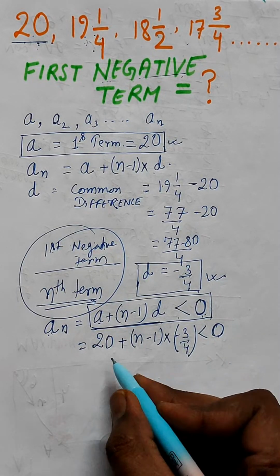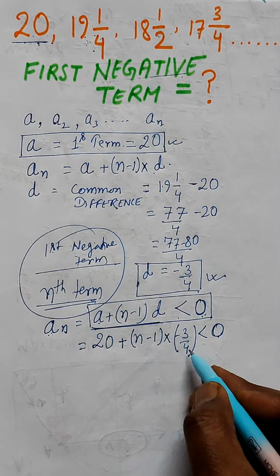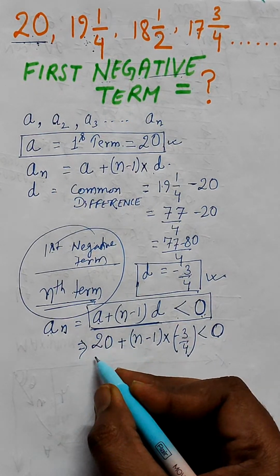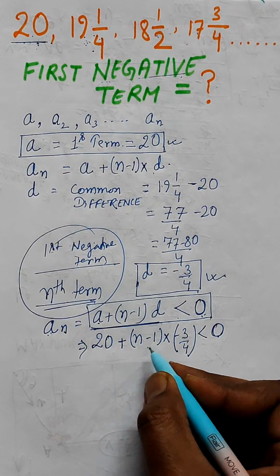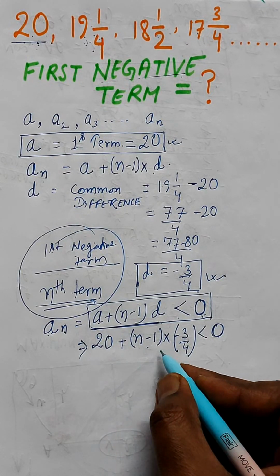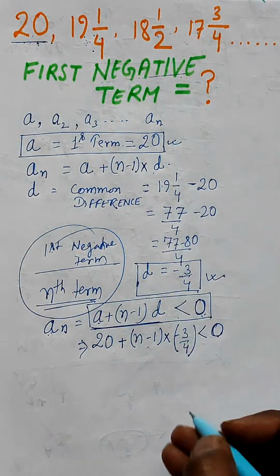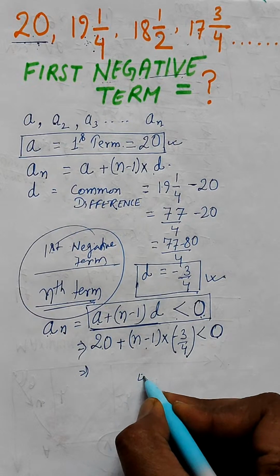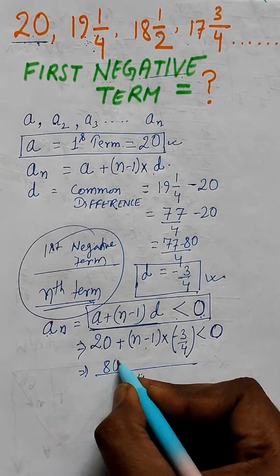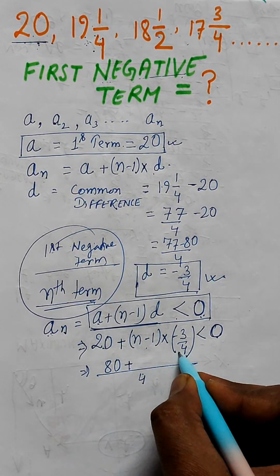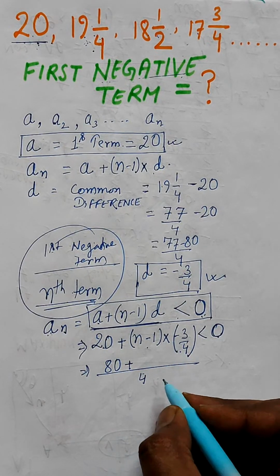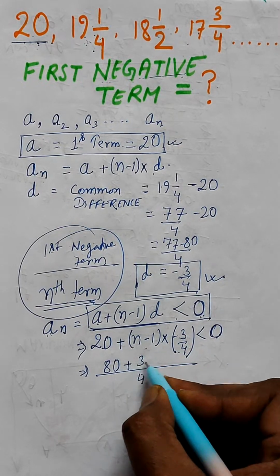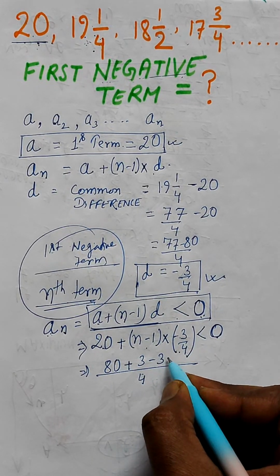So 20 plus (n minus 1) into minus 3/4 should be less than 0. So just solve this inequality to get the value of n, and that n will be the first negative term. So just simple calculation: taking the LCM, 20 into 4 will be 80, plus minus 3 into (n minus 1), which is 3 minus 3n.